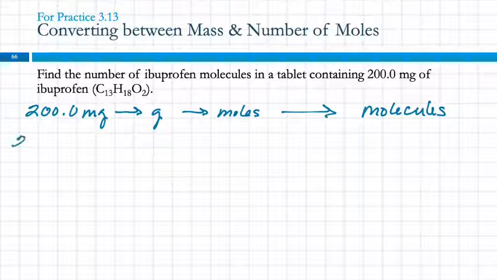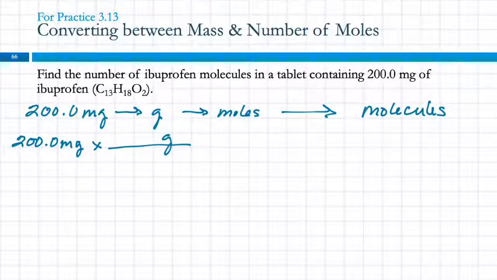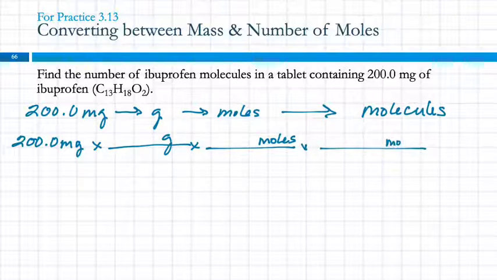So 200 milligrams. And I have 3 arrows. I've got 3 conversion factors. I'm going milligrams to grams, to moles, to molecules. It's tempting to start doing stuff with numbers at first.